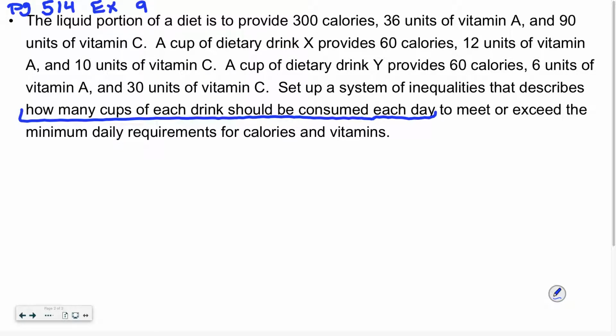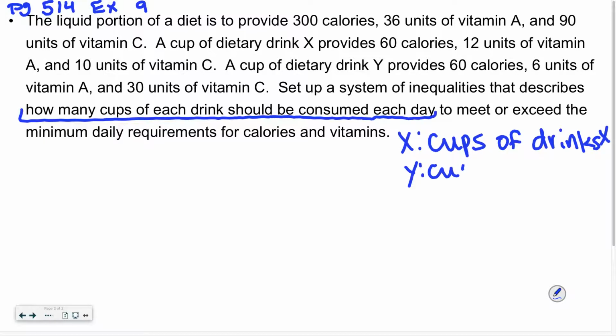Okay, so our two variables would be the number of cups for drink X and the number of cups for drink Y. Okay, those are our two unknowns.